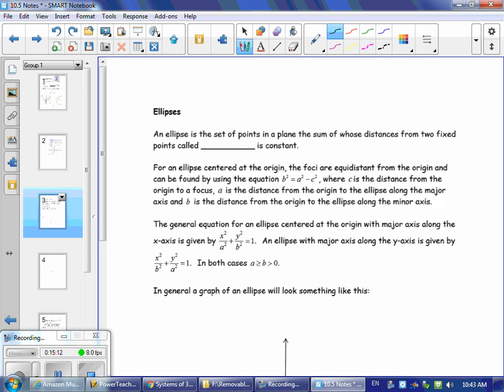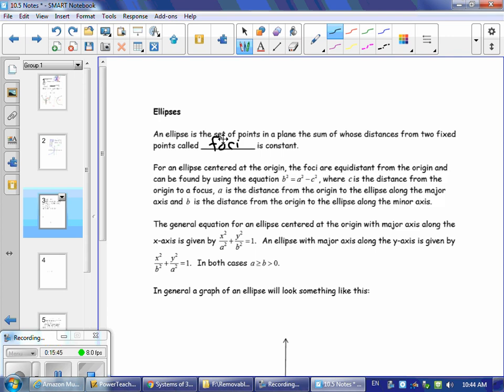So an ellipse is the set of all points in a plane, the sum of whose distances from two fixed points, which are not called a focus, they're called foci when there are multiple of them, is constant. So again, basic idea is whatever the ellipse looks like, every point on the ellipse, if I add the two distances from each foci to that point, everywhere on the ellipse it's going to be the same. Again, I'll do an illustration at the bottom to show you.